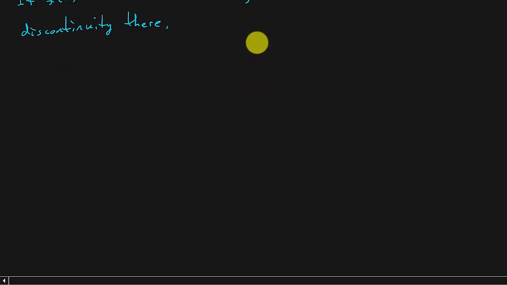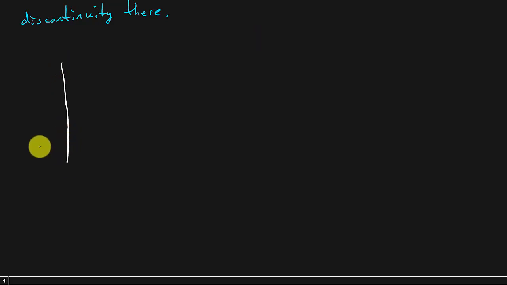Okay. Now, let me just kind of show you some of these discontinuities by looking at a graph. So here's one example of a discontinuity. For this, you might have a hole in the graph. That means whatever value this is, c, it's not continuous there. Here's another one.